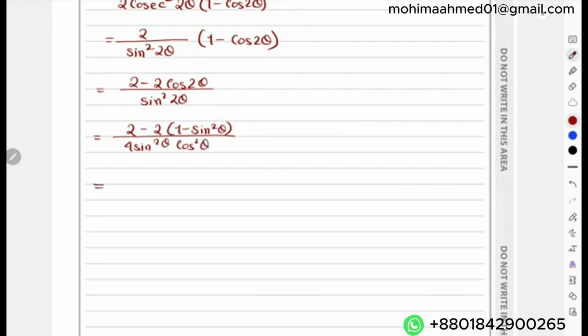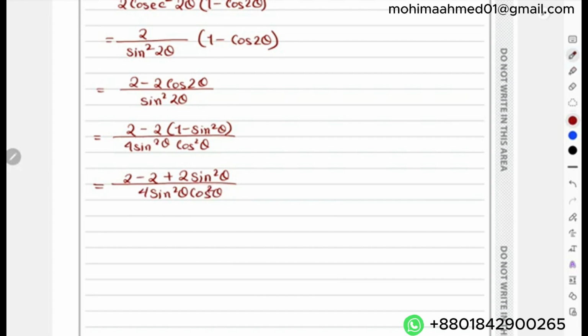So finally, again, we can break this down. It's 2 minus 2, minus minus becomes plus 2 sine squared theta, over 4 sine squared theta cos squared theta. Right, this is it.